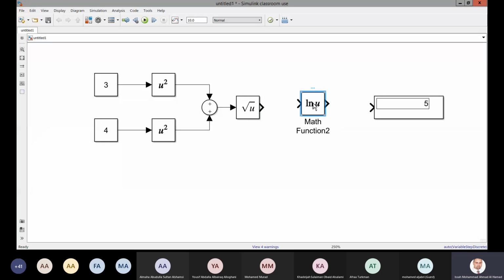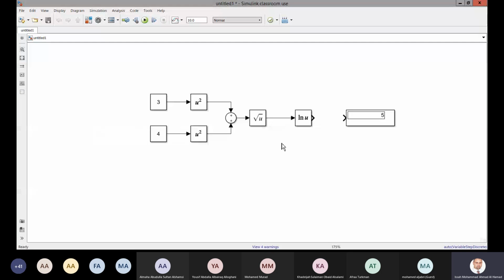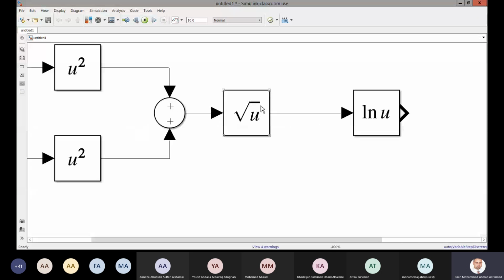So let me show you another way of connecting the blocks. Usually we connect the blocks by pressing on this arrow and this arrow, output from this block to the input of this block.